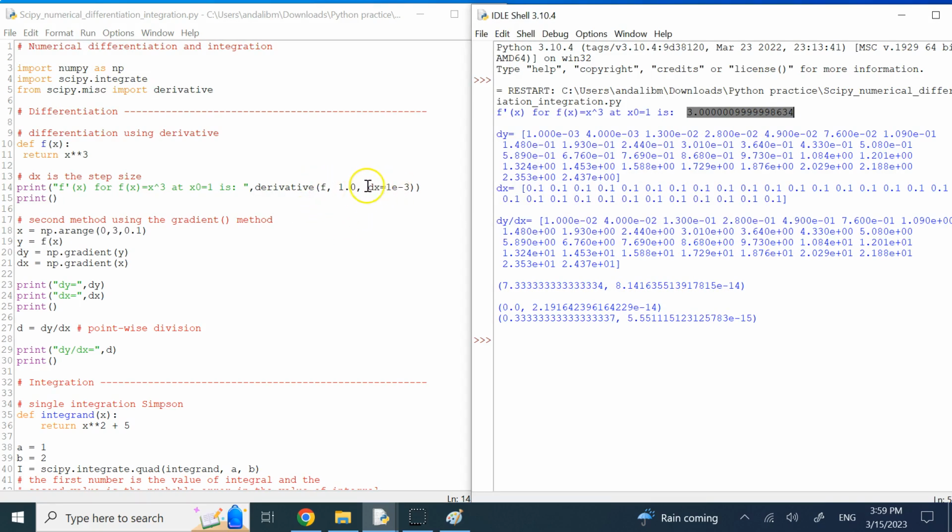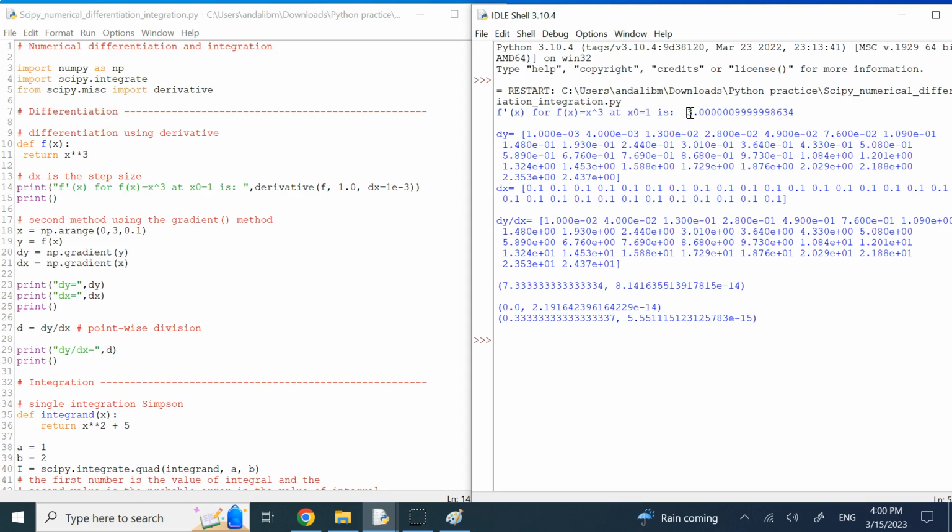So clearly this is not done using an exact derivative. This is a numerical derivative, which can be done using basically the forward, backward, or the central difference method. You can see that number here, which is basically f at x plus dx minus f at x, divided by dx.